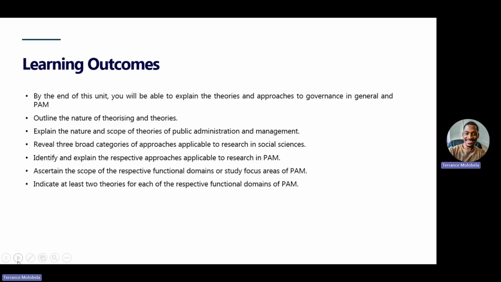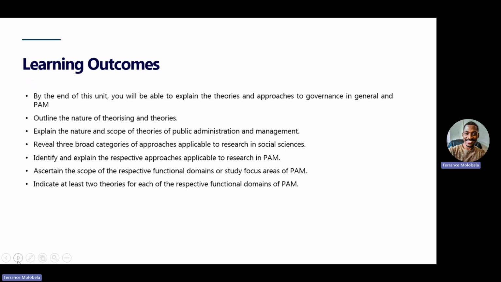Remember, most of the units that we've covered, the topics, most of them emanate from these theories and approaches. So here are the learning outcomes that I want you to be aware of.